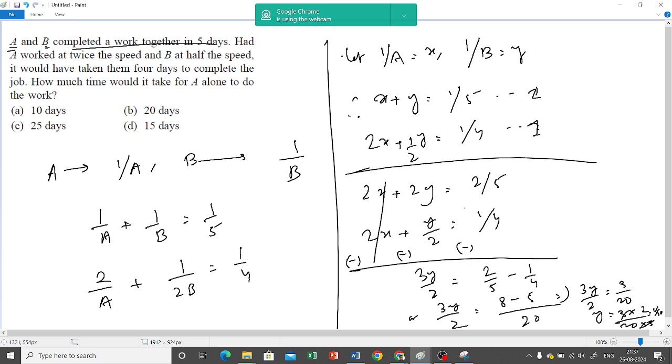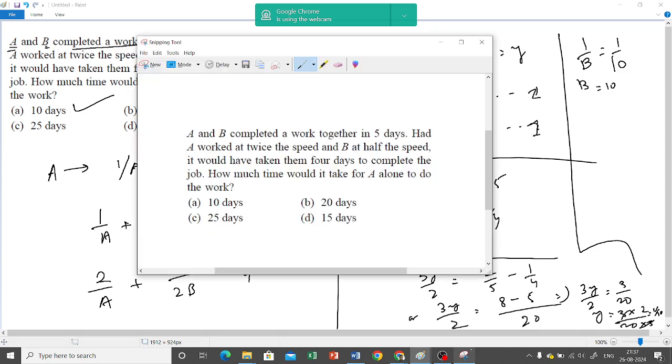So Y is 1 by 10. So 1 by B is equal to 1 by 10, so B is equal to 10. Do you understand this? Yes, sir. It's very simple.